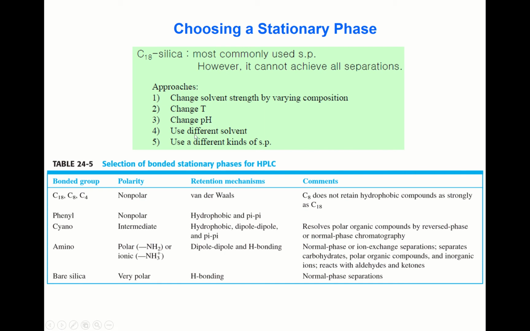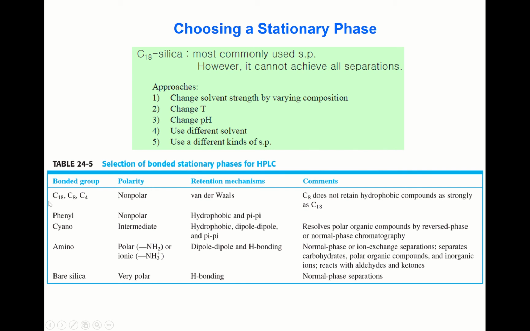If these are not working well, use a different solvent. And then you can choose different kinds of stationary phase. So this table tells you some important information about selecting the bonded stationary phase for HPLC.